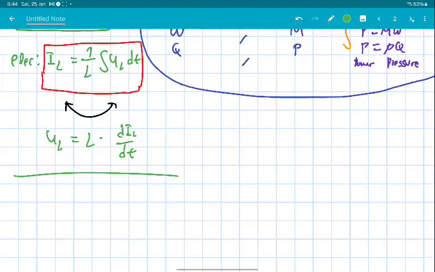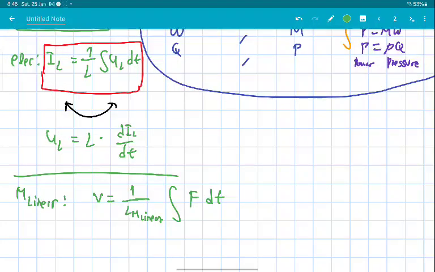And when we go to mechanical linear, we have V equals to 1 over L mechanical linear integration of F dt. Okay, I made a mistake.